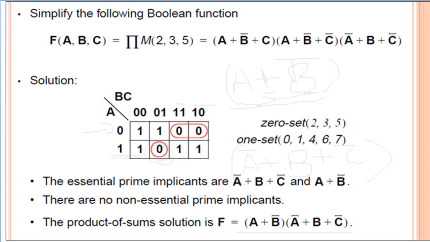And the minimized function of that particular given function will be A plus B bar, that means A plus B bar ANDed with A bar plus B bar plus C bar.